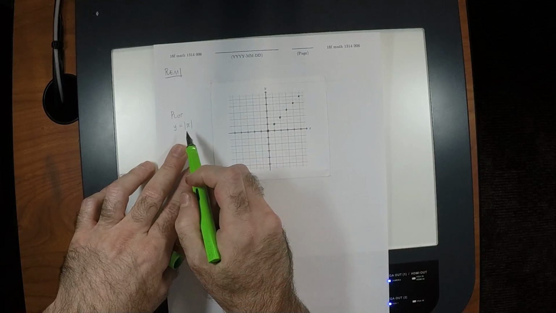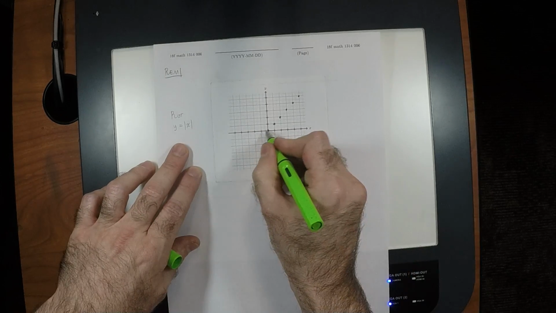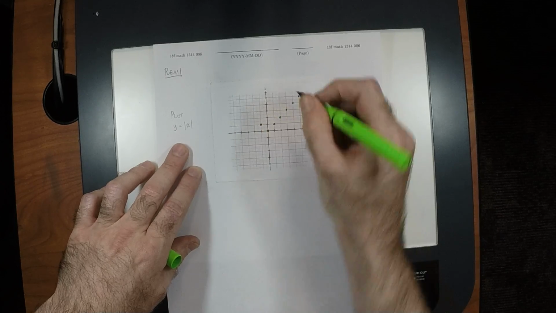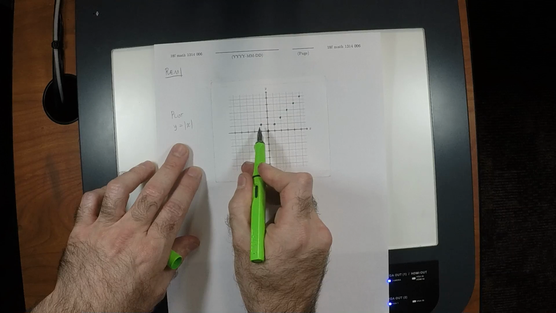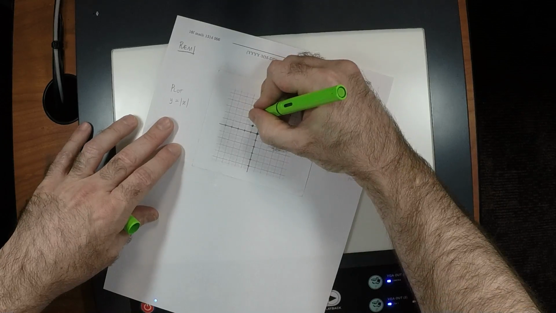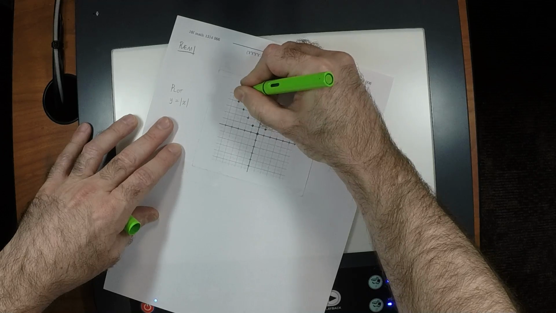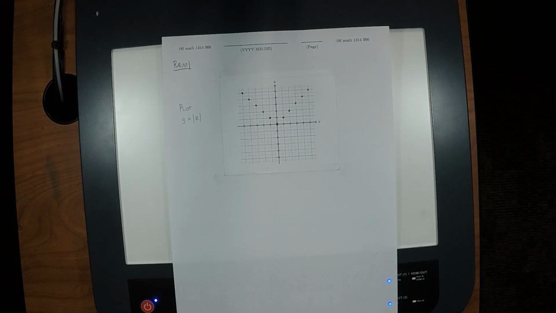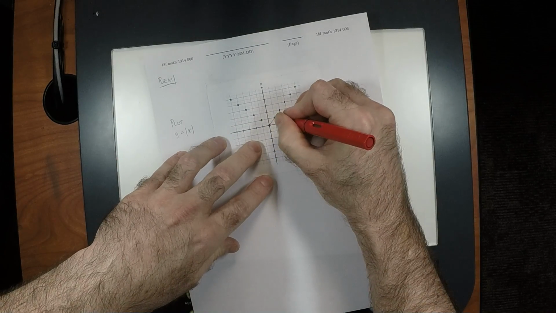Okay. What's the absolute value of negative 1? 1. Right, so that means that x is negative 1, y is 1 is also a point. So that one right there. What's the absolute value of negative 2? 2. So it just keeps going up this way. So then if we connect the dots, then it looks like this.